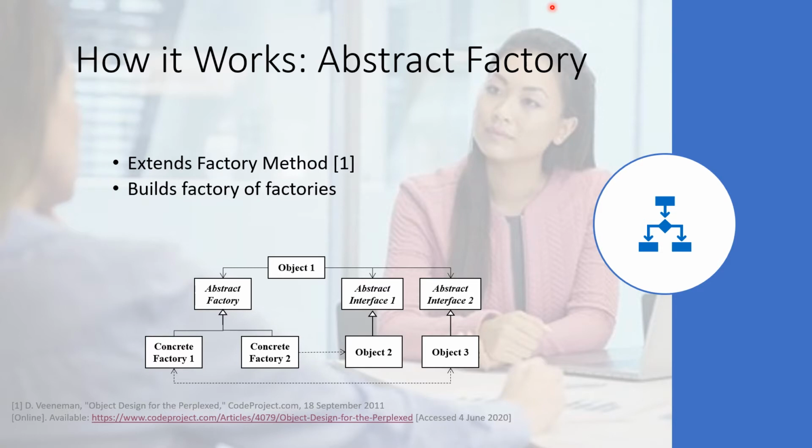The abstract factory pattern is an additional pattern that builds upon the factory method to create an additional layer of abstraction. Now we have an abstract factory class that functions as an interface for multiple concrete factories, in essence a factory of factories.